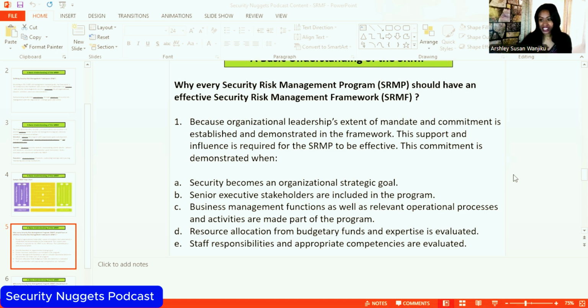Remember, I mentioned that leadership, extent of commitment and support is the glue that holds the security risk management program together. The effectiveness of the security risk management program is contingent on the extent of support and commitment the leadership is demonstrating. That is a fact.